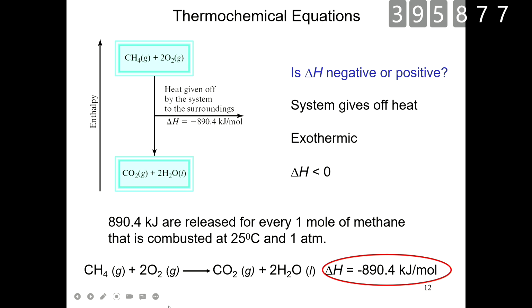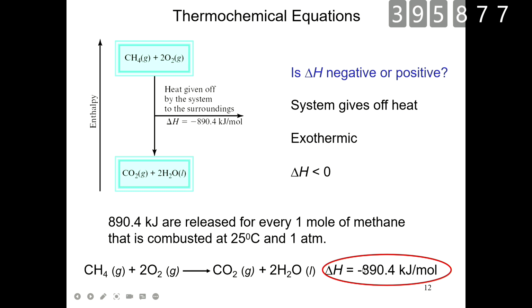In this equation, we can see the enthalpy change of the reaction is negative, is minus, right? This means after the reaction, the system loses some energy, so the energy change is a minus number.